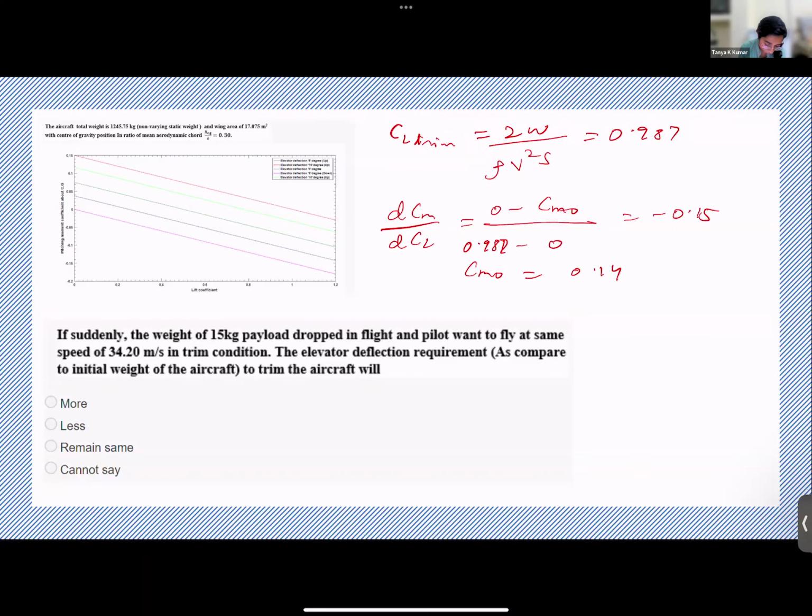So the CM naught value is lower. Now look at the trend of the lines here. When CM naught is less, delta E is also less. So the delta E required to trim the aircraft for a lesser mass will be less. We require less deflection of the elevator. All right. Next question.